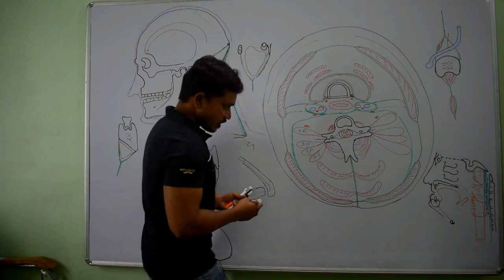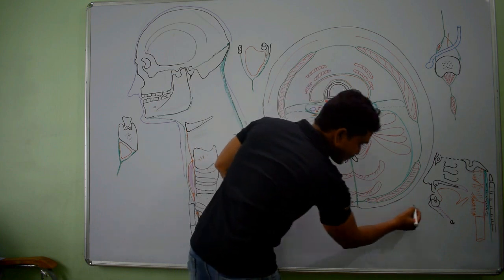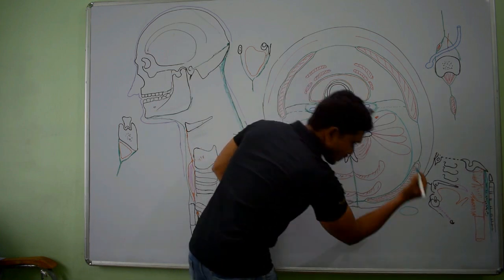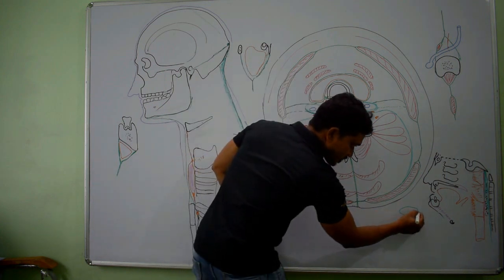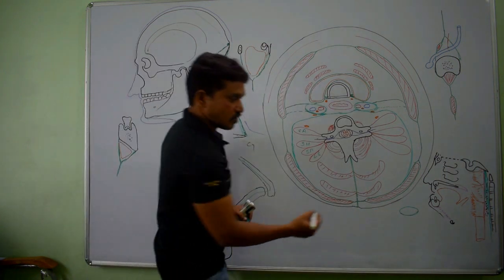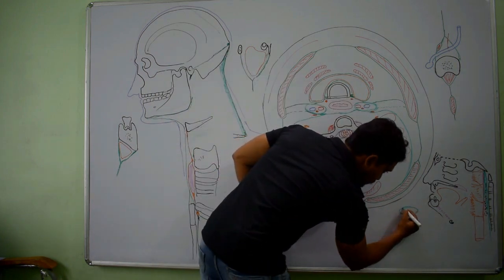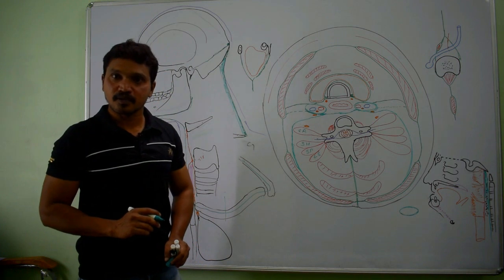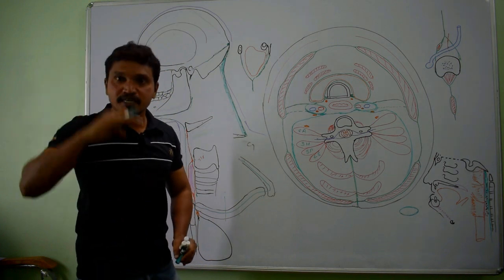So, if you take the carotid sheath, see here, this is the carotid sheath. The anterior layer of the carotid sheath is formed by what? Pre-tracheal layer. The posterior layer of the carotid sheath is formed by the pre-vertebral layer, right? And from where to where is it extending?